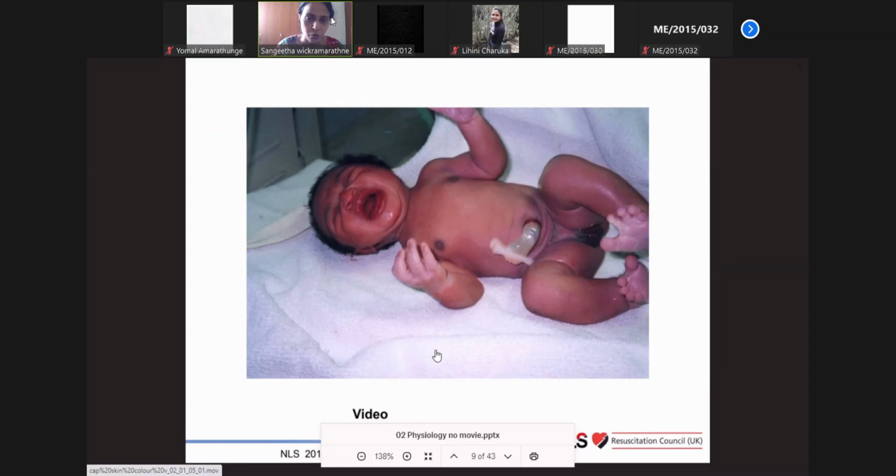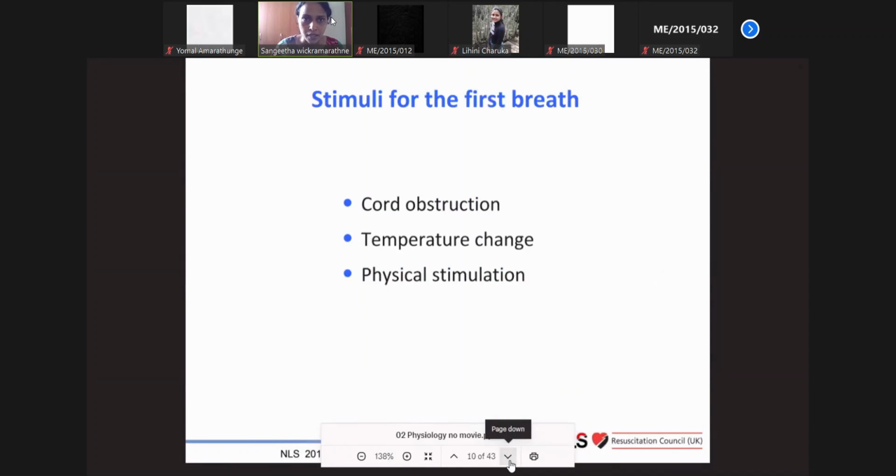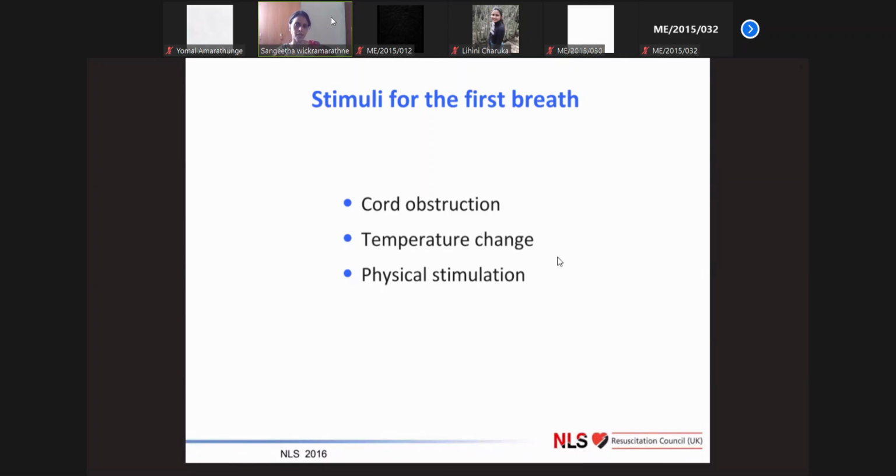But for a newborn, here they say there are stimuli for the first breath. Just for your knowledge, these are cord obstruction, temperature changes of the baby, and physical stimulation, like when we rub the baby and stimulate.